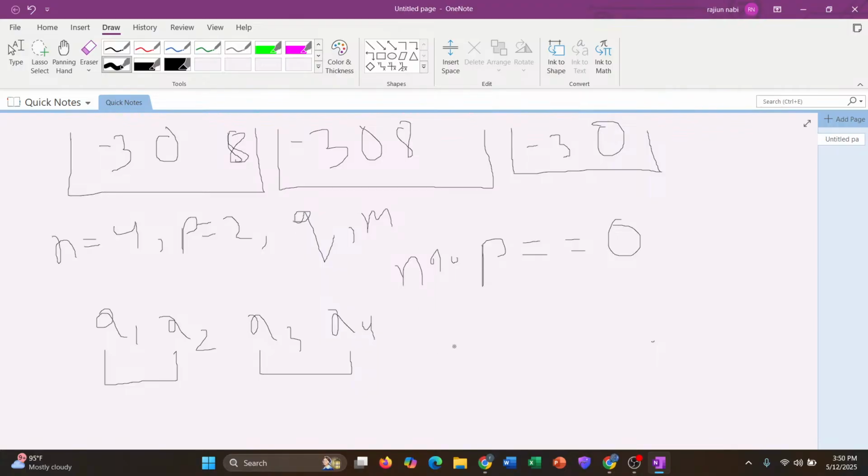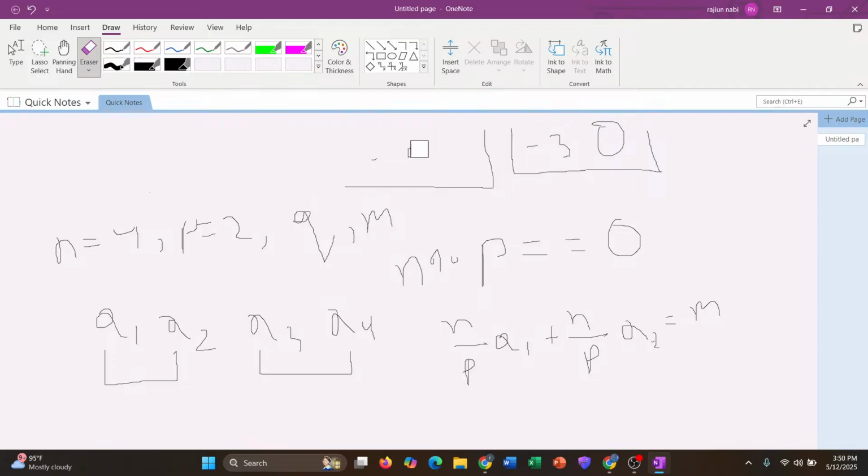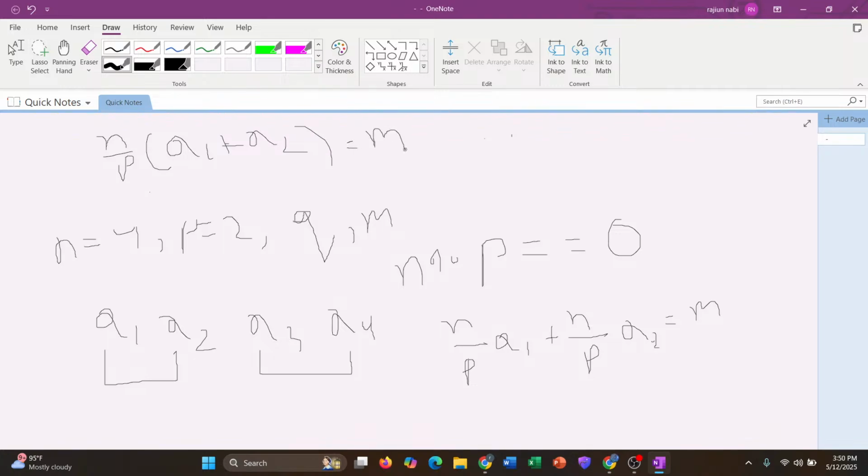It happens that n divided by p, a1 plus n divided by p, a2 has to be equal to m. If we go further, we can say n divided by p times a1 plus a2 will be equal to m.